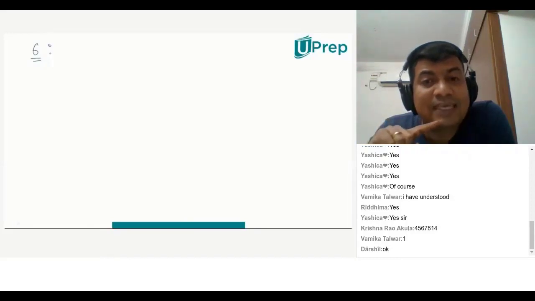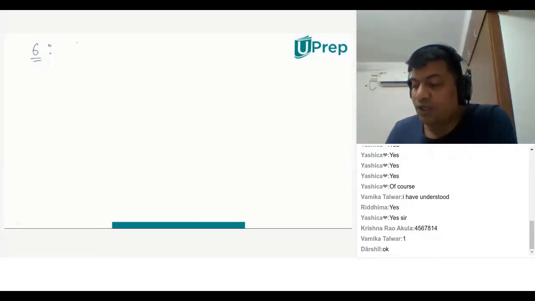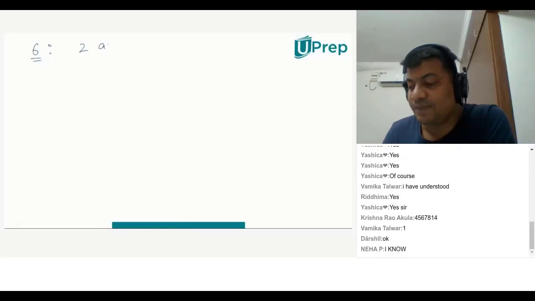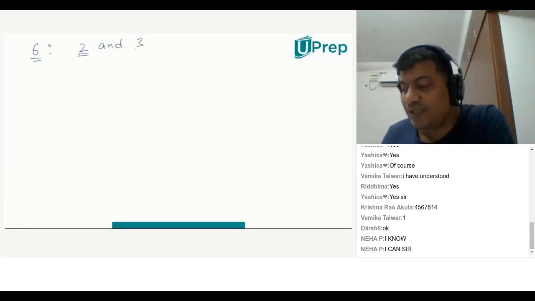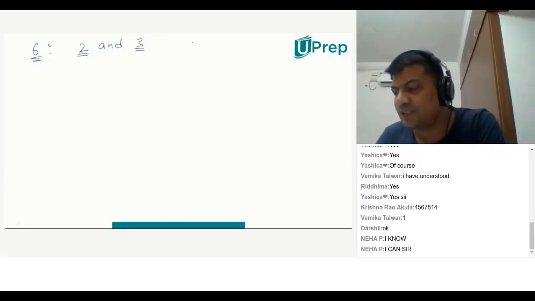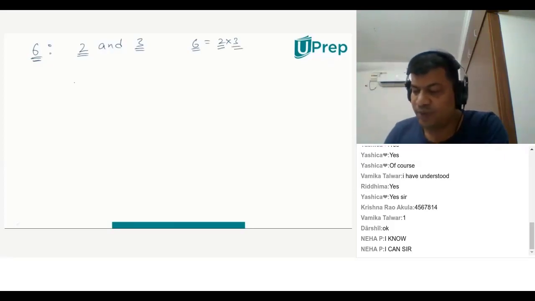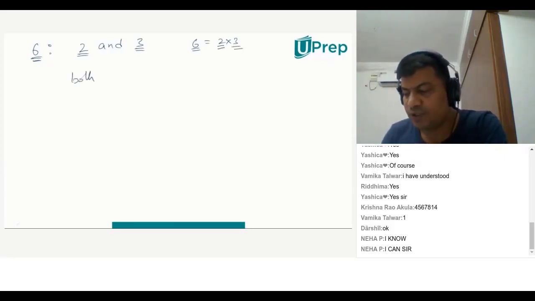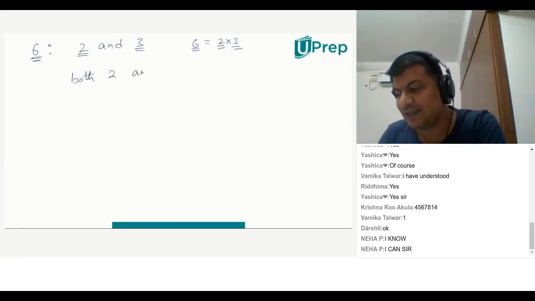Basically, 6 depends on 2 and 3. For a number to be divisible by 6, it should be divisible by both 2 and 3. So you can see that 6 is nothing but 2 into 3.